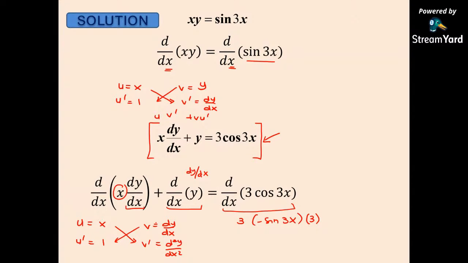So let me combine everything into one line. So it will become x d2y over dx square plus dy over dx plus dy over dx, and this is actually equal to negative 9 sine of 3x.